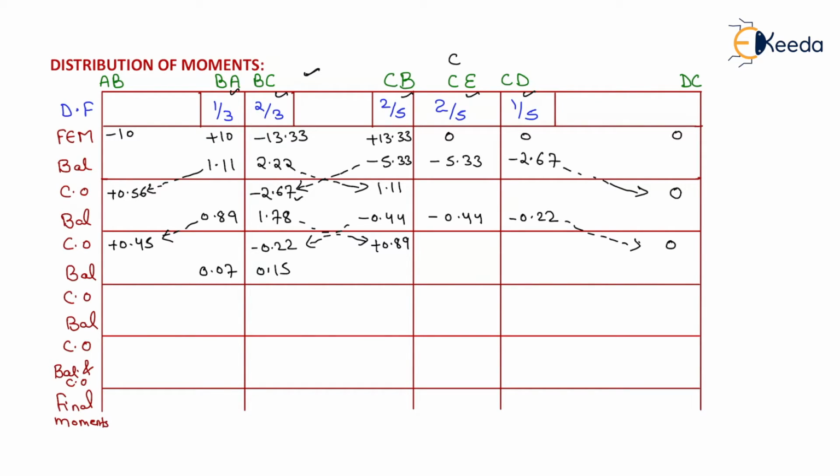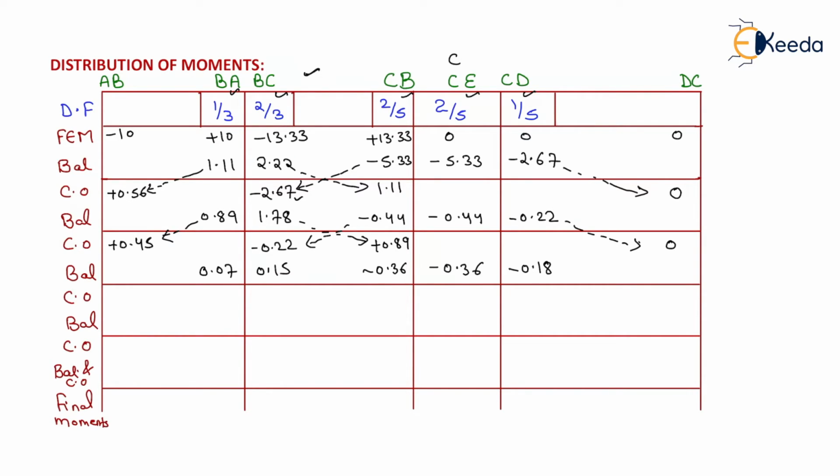Similarly at joint C, there will be an unbalanced moment of plus 0.89, so it will be balanced by a moment of minus 0.89, and it will be distributed in CB, CE and CD according to their distribution factor. If we multiply minus 0.89 by 2 by 5, we will get the value as minus 0.36, the same in CE, minus 0.36, and in CD it will be equal to minus 0.18.